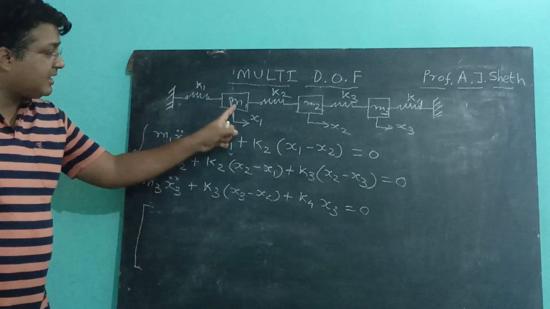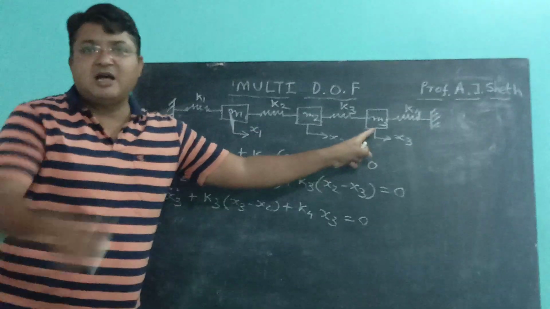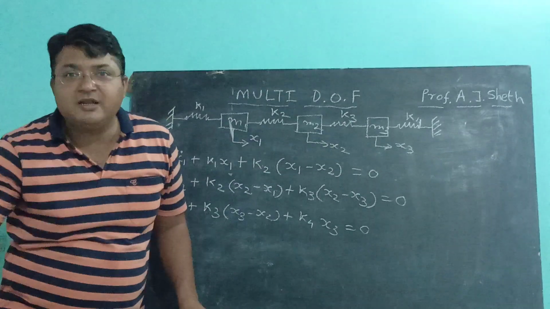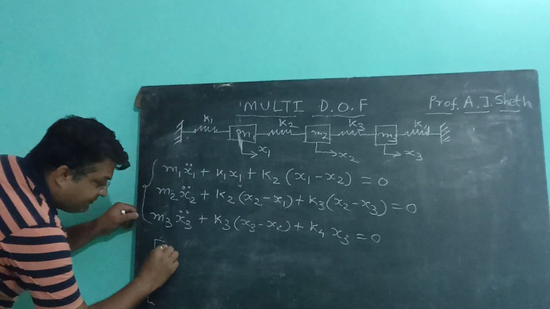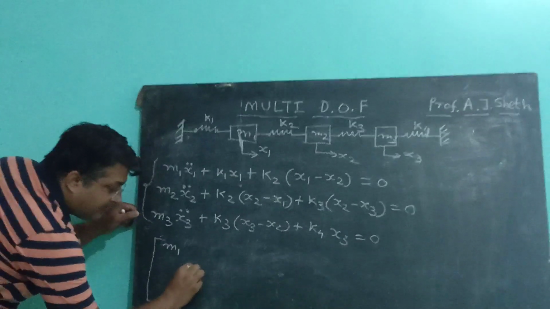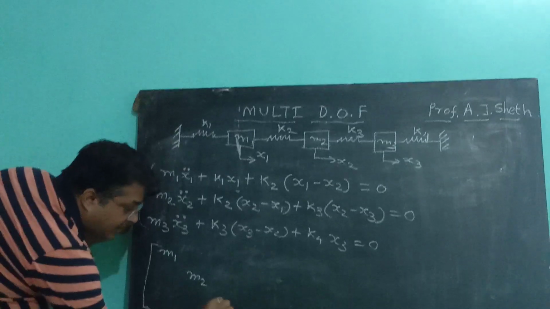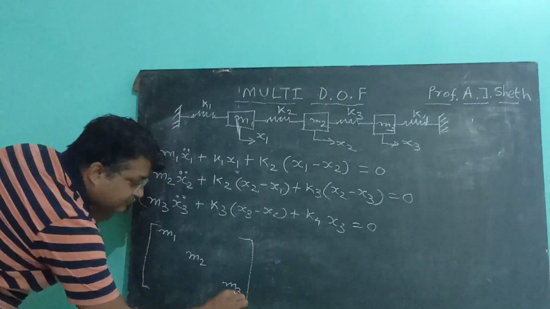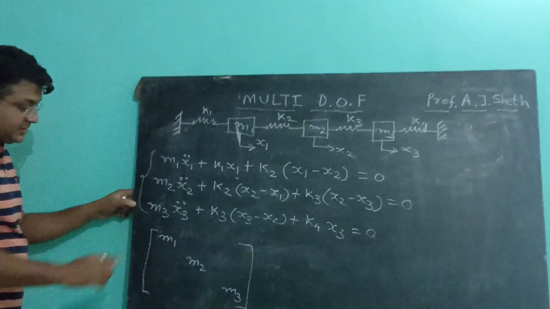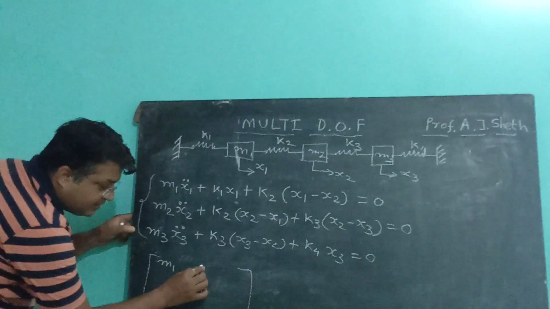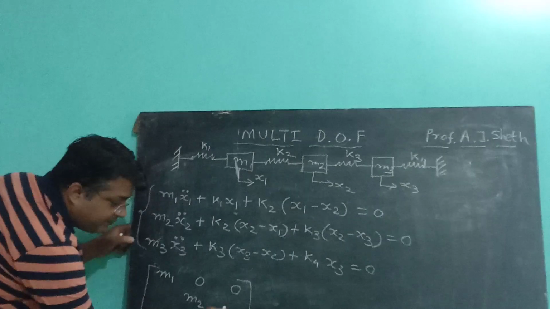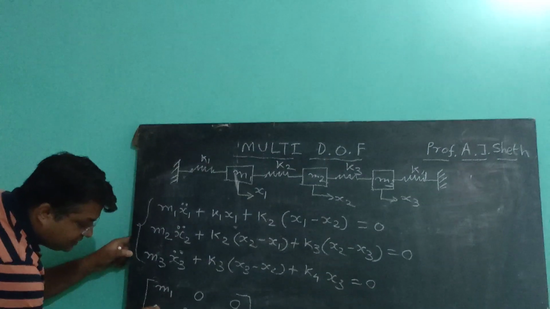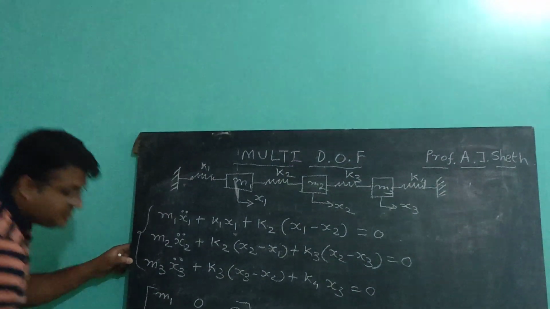How many masses? There are 3 masses. Masses are always shown diagonally. So mass m1, mass m2, mass m3. The rest of the locations are 0.